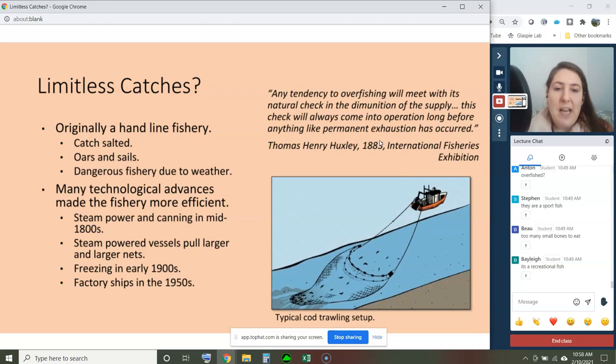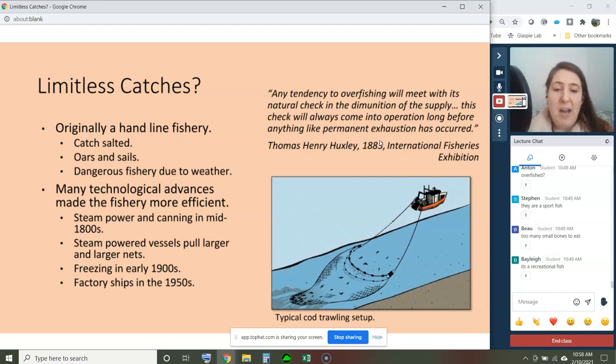And so what they're saying is, as we're catching more and more, eventually there won't be enough fish left to support the fishery. That's going to occur a long time before there's any harm to the fishery. And that may have been true in a time when we were catching fish using hand lines and oars and sails in a very dangerous fishery.